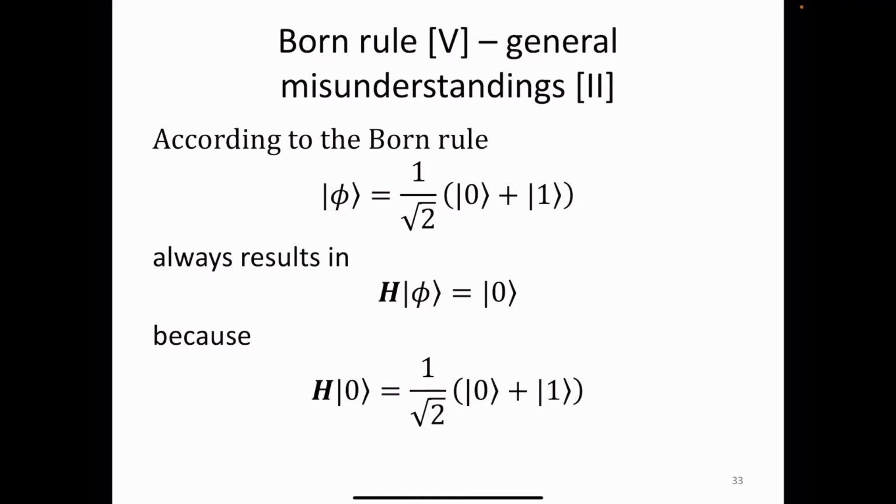According to the Born rule, if we look at this a little closer, the superposition state phi is given by 1/2 the probability of the state being in 0, 1/2 being in 1, and the application of the Hadamard transformation on that state always results in a definite state, 0.